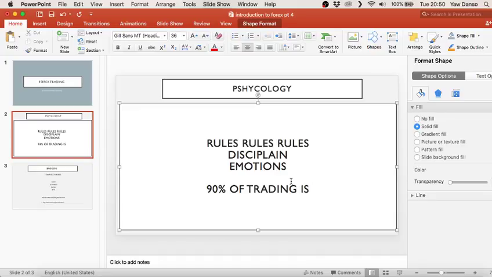Then the 10% encompasses the rest: the analysis and your knowledge of what you can do on the platform. So this 90% is very important for your success. That's why I'm going to dedicate a lot of time to it today, because it's very, very important.